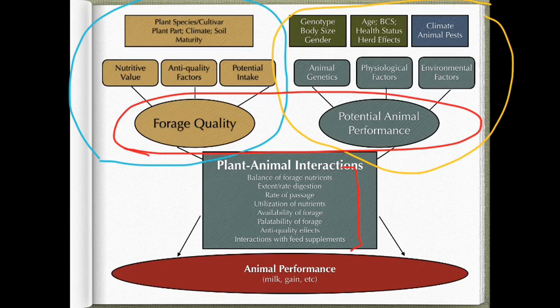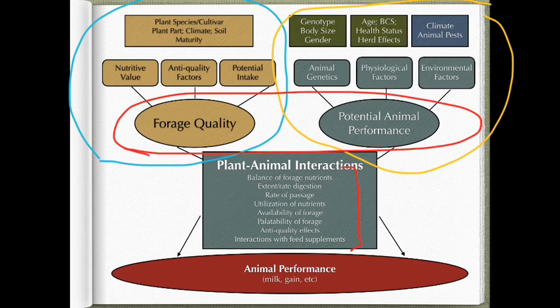How is the animal using those nutrients? Are they wasting any? Are they being excreted? Are they getting used in the body? How available is the forage? Do we have adequate quantity of forage? Sometimes as forages mature, the palatability goes down. There's other anti-quality effects like tannins and other things that could happen. If you do supplement these animals, the forage utilization may interact or change because of the feed supplement you're providing.